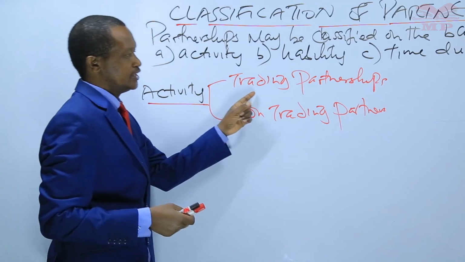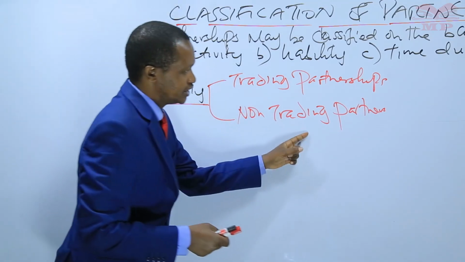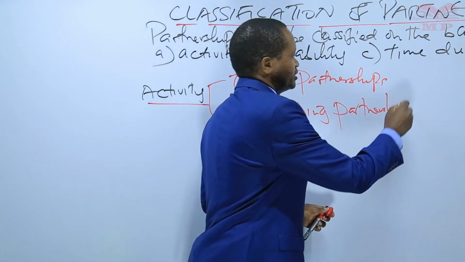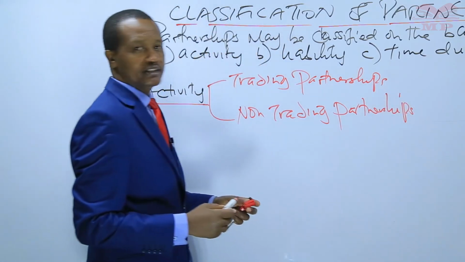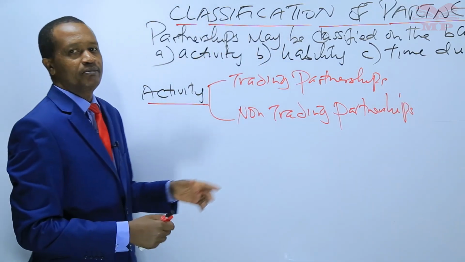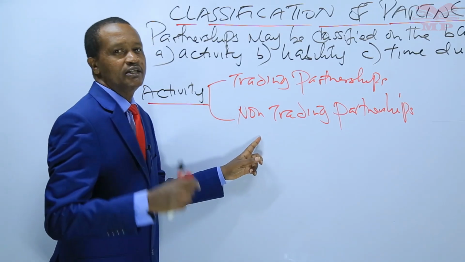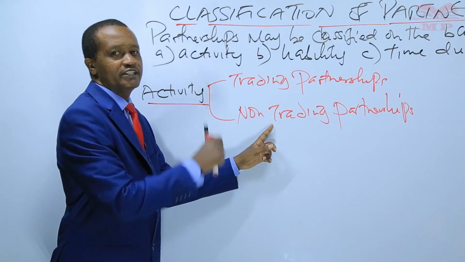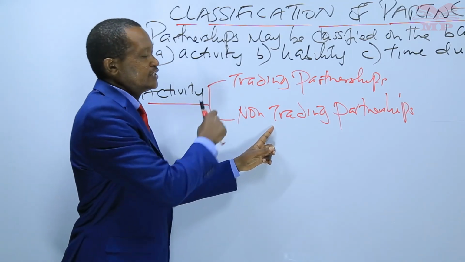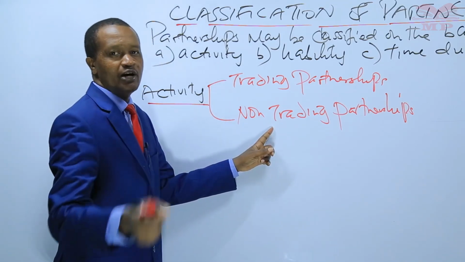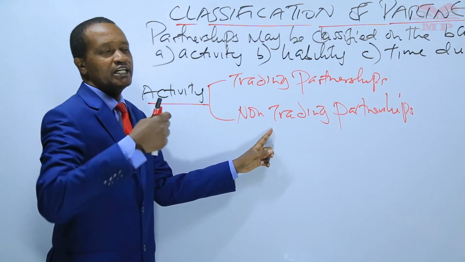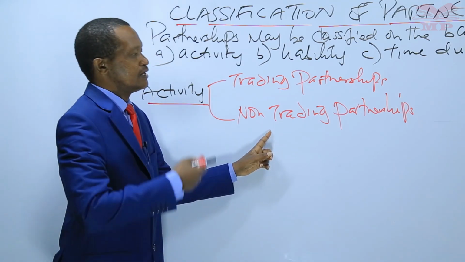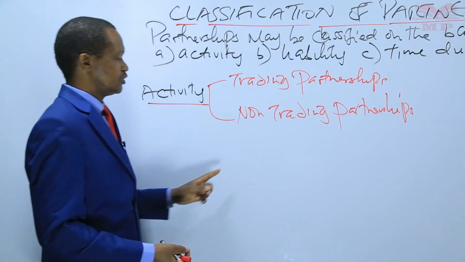Then there are the non-trading partnerships. These are partnerships whose main activity is to offer services, such as accountancy services, legal services, medical services, banking services, and so on.